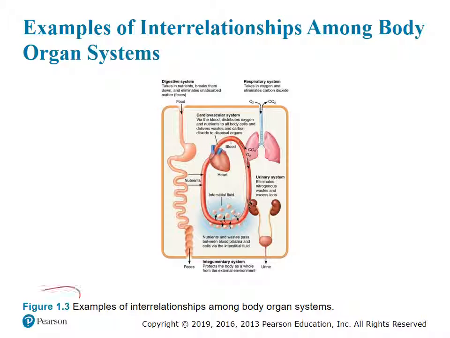But before we get to that, figure 1.3 shows you a great example of how many organ systems work together here. Okay? We can see the digestive system working here to take nutrients, right? Water, because water is not really considered a, I mean, some people say it's a nutrient, some people say it's not. But those things get broken down and taken into the bloodstream. That's the cardiovascular system.